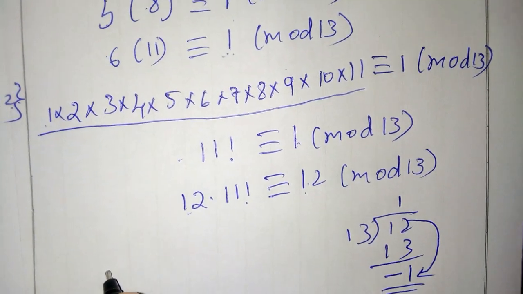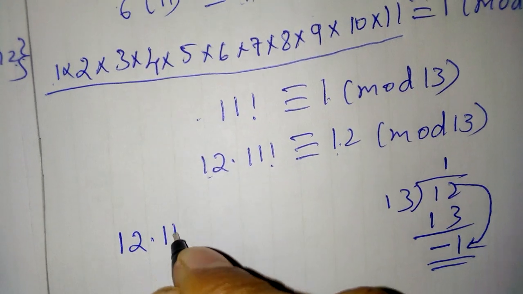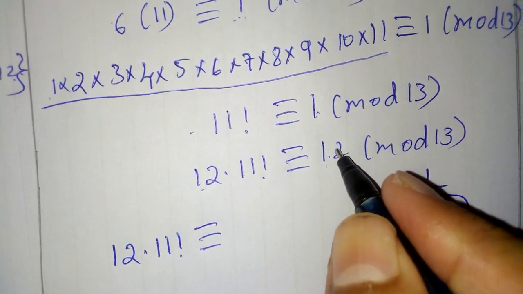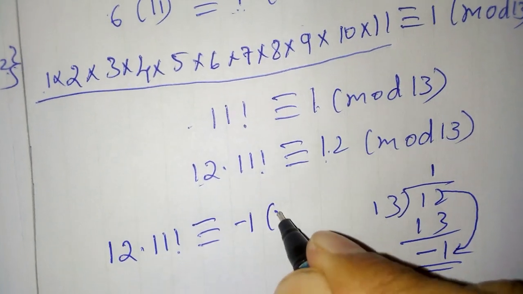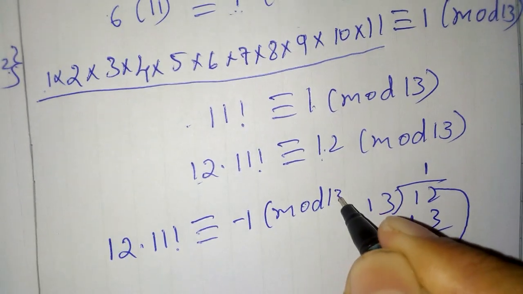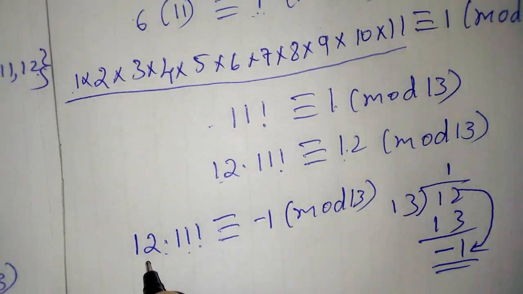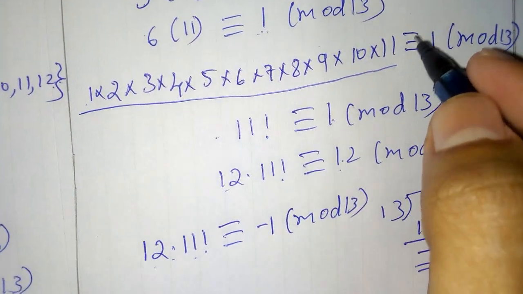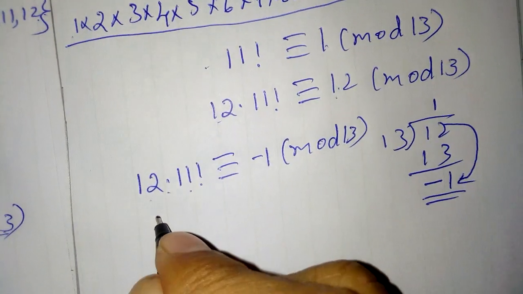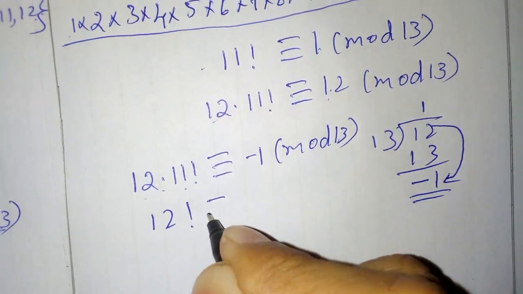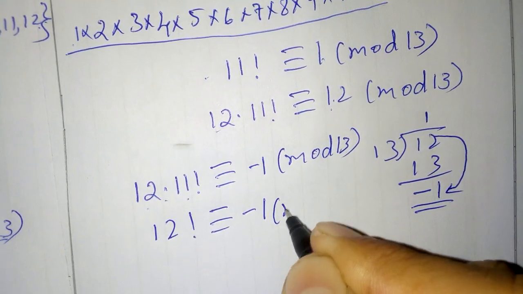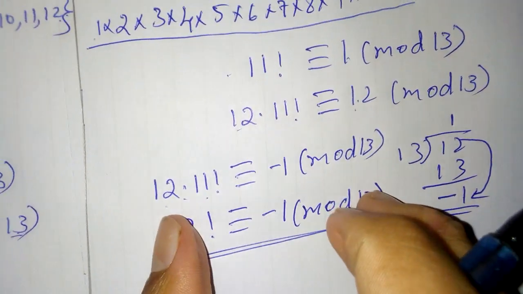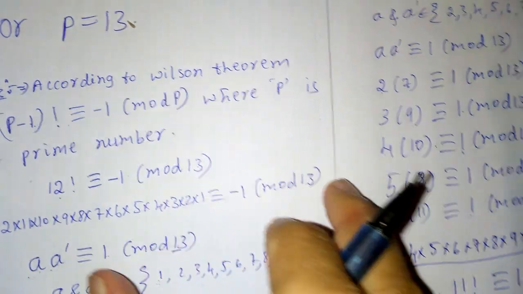So 12 into 11 factorial, and in the place of 12 we can write minus 1 mod 13. Now what is 11 factorial into 12? If we multiply 11 factorial by 12, that becomes 12 factorial. So 12 factorial and minus 1 are congruent mod 13. This is what the Wilson theorem says. So hence the proof.